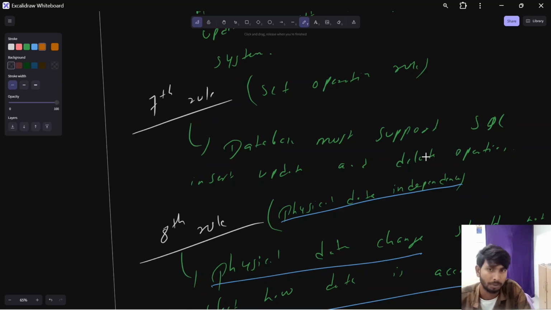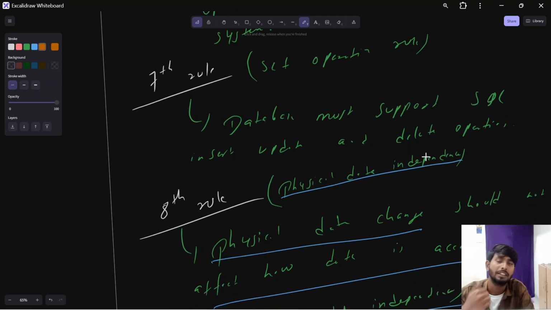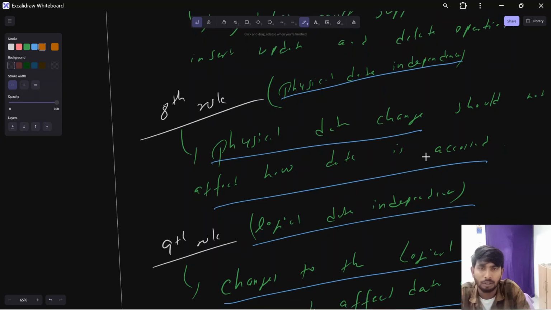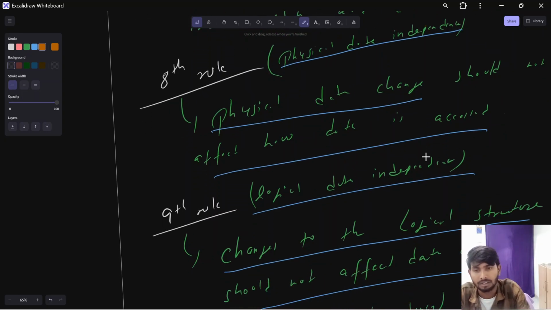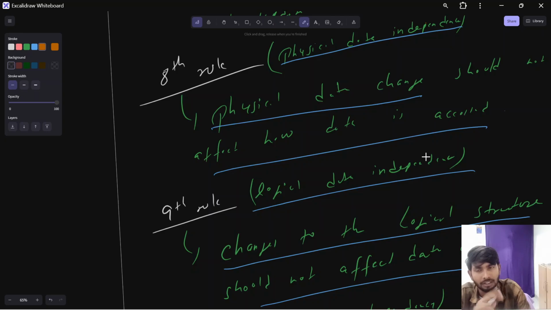Next, seventh rule, set operation rule, means it supports all the SQL operations: insert, delete, update. The eighth rule is physical data independence and the ninth is logical data independence. Eight and nine say that if you change the data physically or logically, it should not affect how data is accessed.